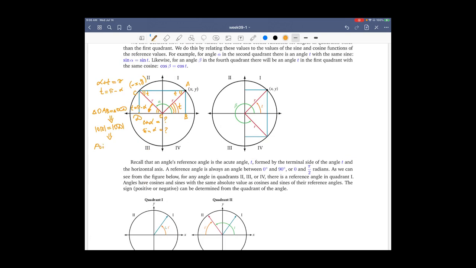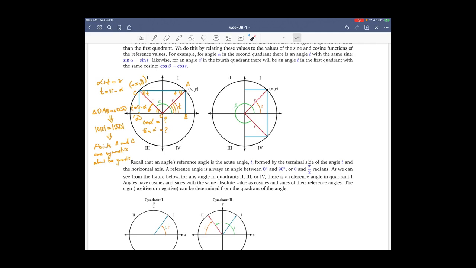Points A and C are symmetric about the y-axis. Therefore, they share the same y-coordinate, and their x-coordinates only differ by a sign and have the same absolute value.